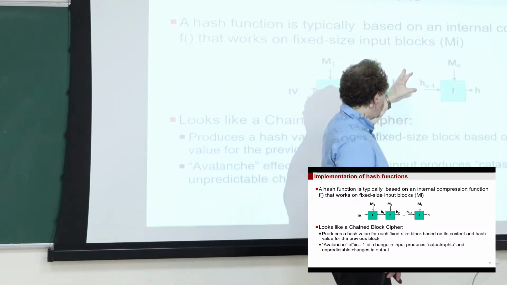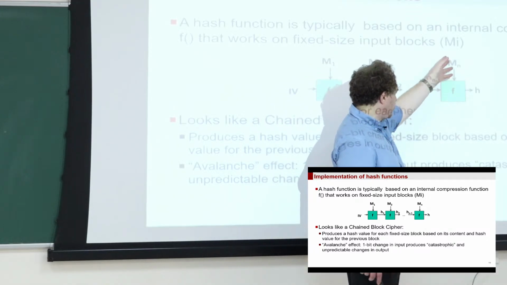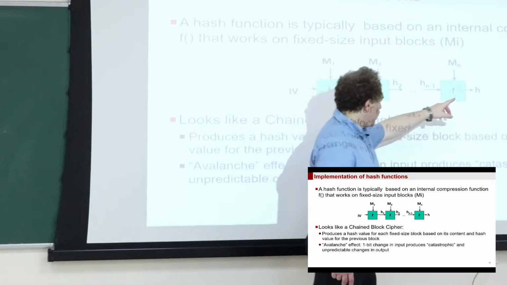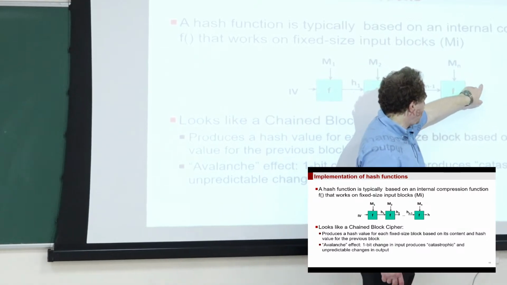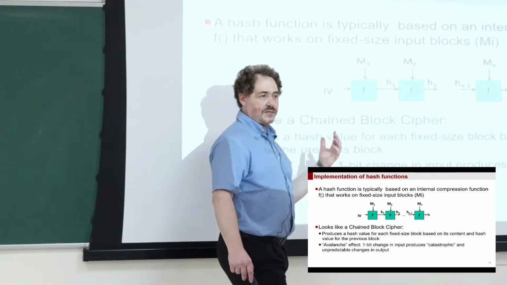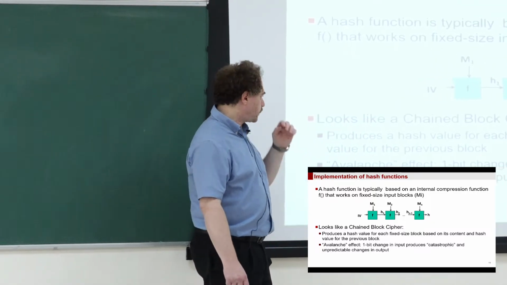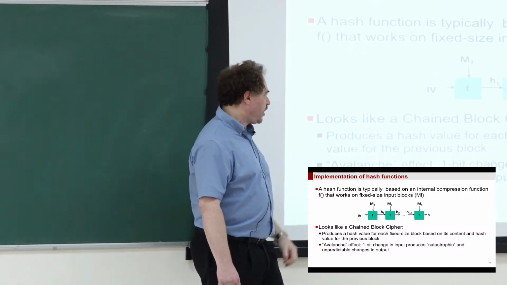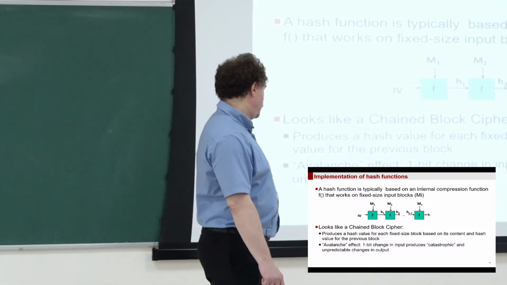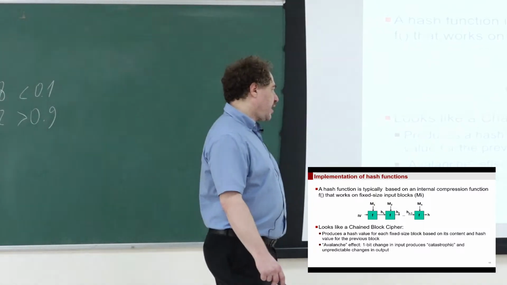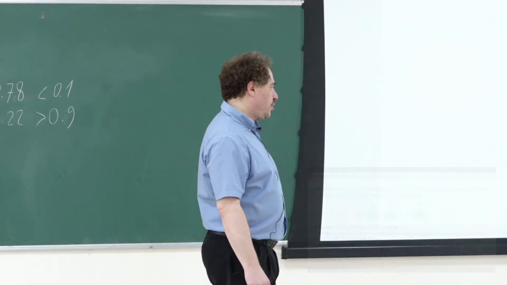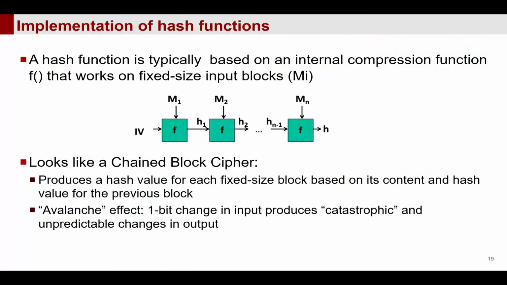This way we continue with the next block and the next block, and the output is the final hash value. So this is how the scheme works. It looks like a chain block cipher, right? It produces a hash value for each fixed size block based on its content and the hash value of the previous block.